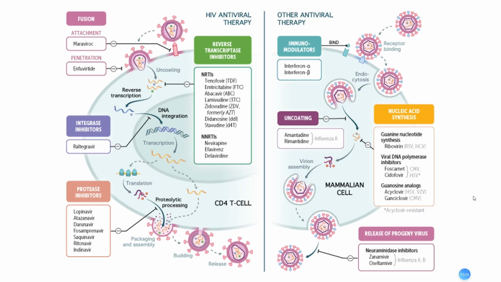On the right, it's a general method for other antiviral therapies. Here, you can use interferon alpha and beta, and some medicine like influenza A. Here it inhibits the uncoating.